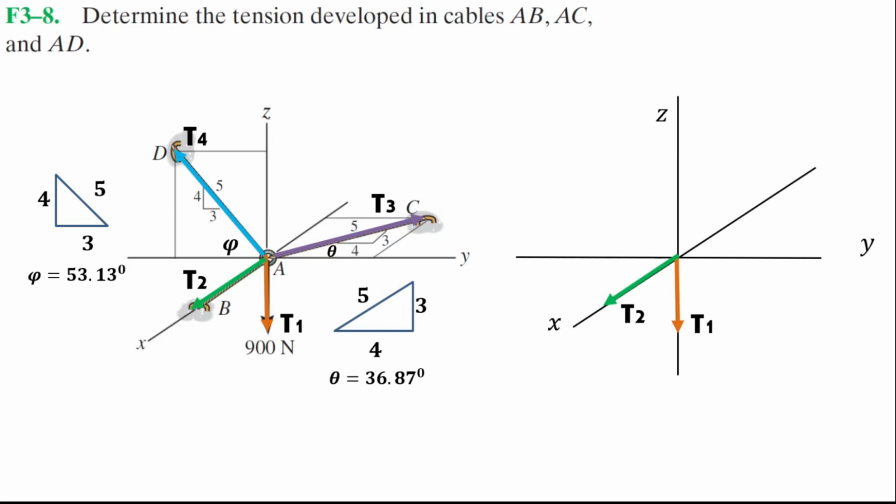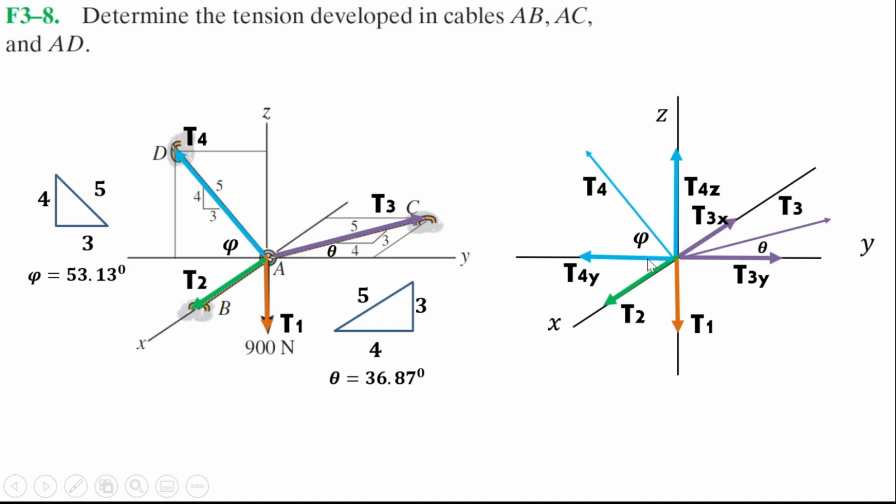T2 is along positive X. For T3, I have to draw it like this since T3 is between Y and negative X. So I have here T3Y, which is positive, and T3X, which is negative. For T4, I have the components T4Y, along negative Y, and T4Z, which is along positive Z.